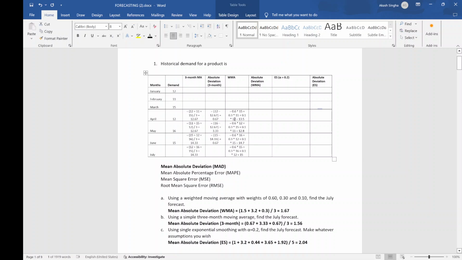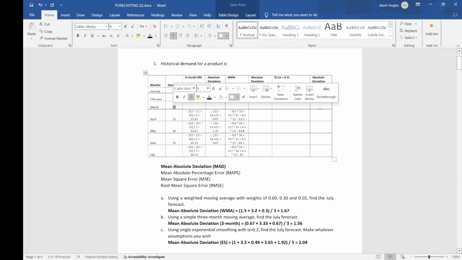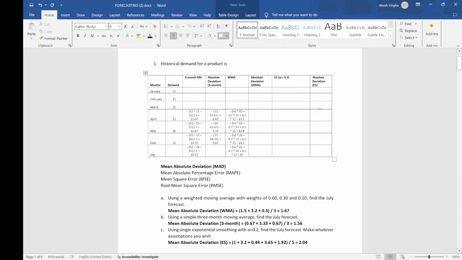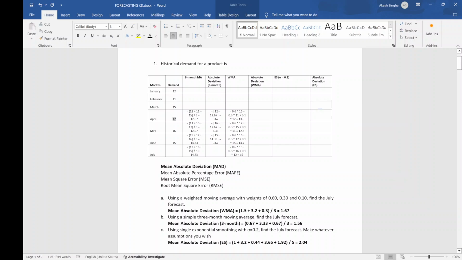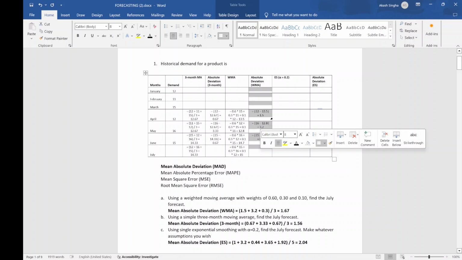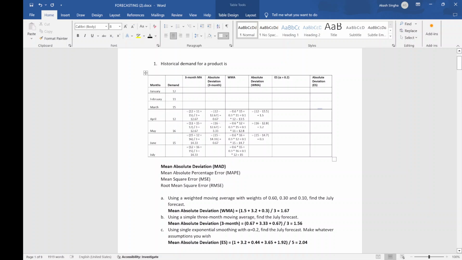So if it is 5 months and five values are there, the highest should be for the recent, then it will be in decreasing order upwards. So like that, for the second month, this is the recent one with into 0.6, 15 into 0.3, and 11 into 0.1. Like this, you will get this kind of forecasting, and again, just calculate the differences to get the weighted moving average deviation.